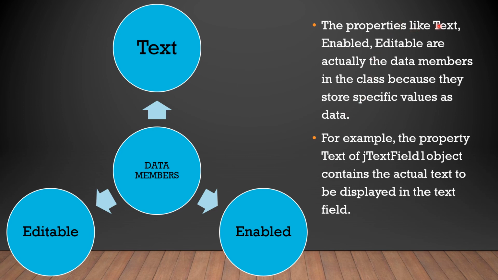The properties like text, enabled, editable are actually the data members in the class. Why? Because they store specific values as data. As I just told you, what is data? Anything retained, processed, or taken as input.